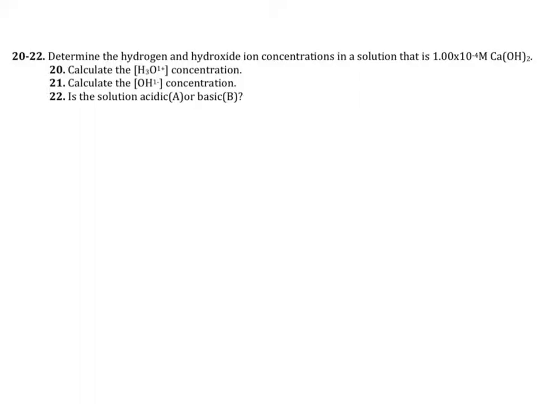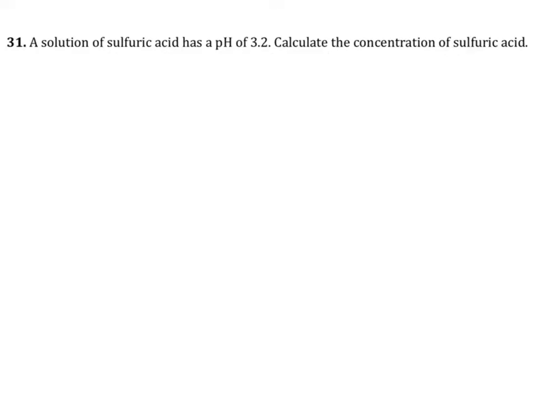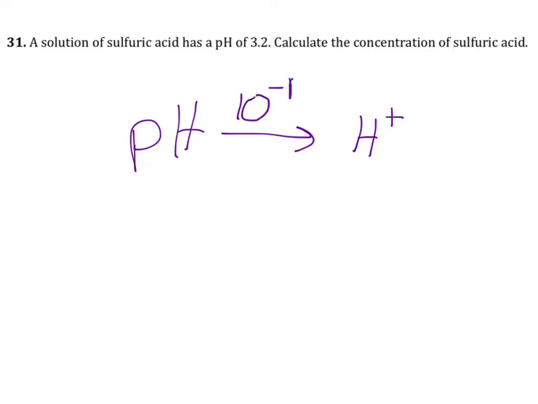All right, this is a very similar problem to the KW problems. And then we have this one. To go from pH to hydrogen ion concentration, the formula is 10 to the negative pH is equal to the hydrogen ion concentration.